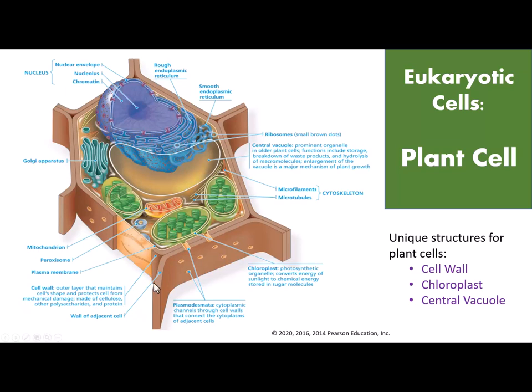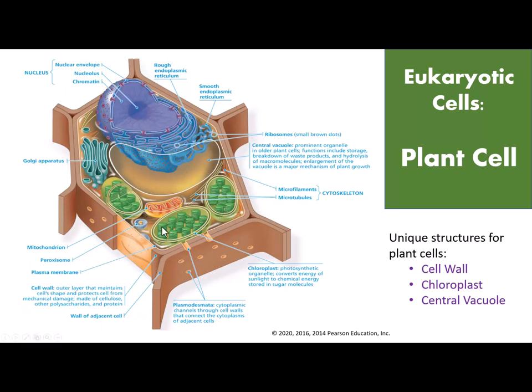So it is an additional layer to the plasma membrane. Plant cells still have a plasma membrane, but in addition to the plasma membrane, they now have a cell wall.